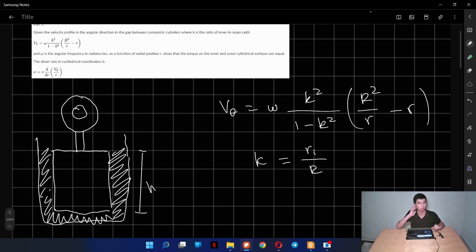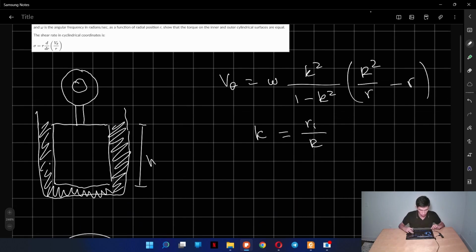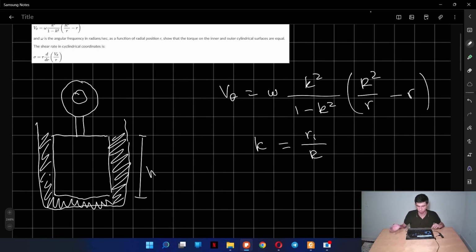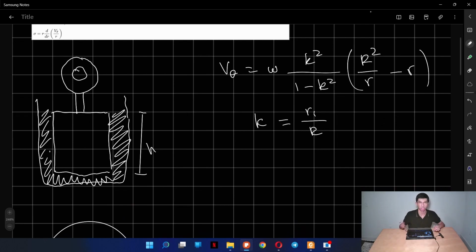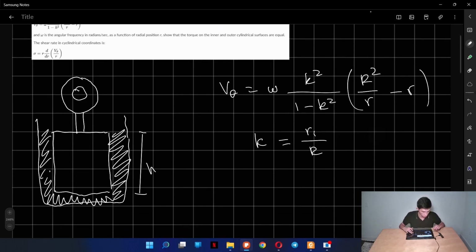That shows the torque inside the cup and outside the cup is equal, which is why the cup also moves. Something very similar is happening with the cylinders. To prove they are equal, we need to use the shear rate equation.